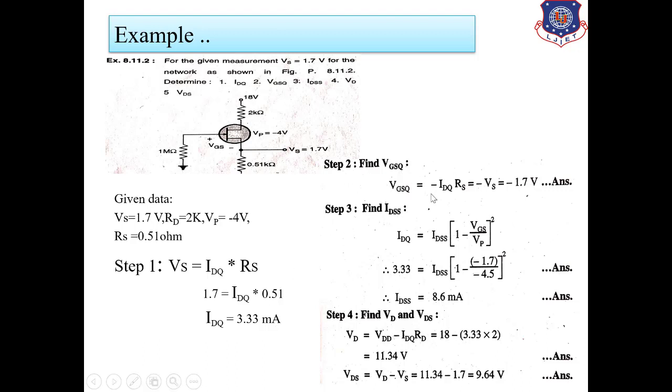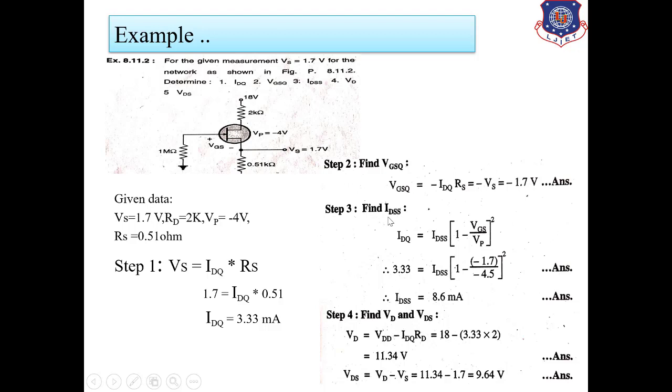Step 2, VGSQ is equal to minus IDRS. You can also write that as minus Vs, since IDRS is the voltage drop across Rs, and that voltage drop can be named Vs. So Vs is already given, minus 1.7 volt. So the final output is minus 1.7 volt.